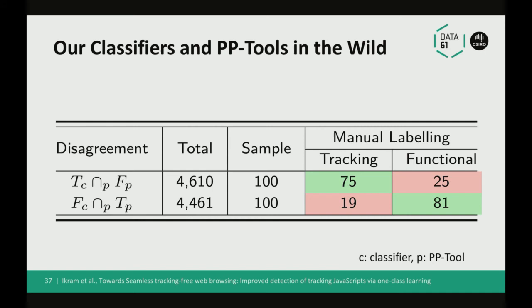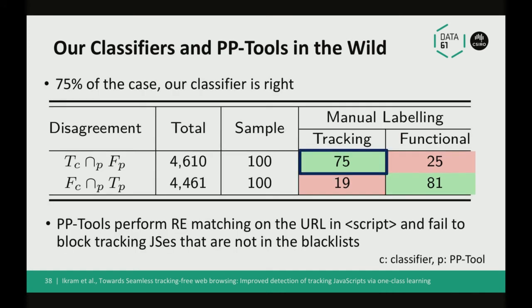In this table, green is when the manual labeling agrees with our classifier output, and red shows when our manual labeling disagrees with our classifier output. For 75% of the cases, our classifier was right, and for 25% it was wrong.